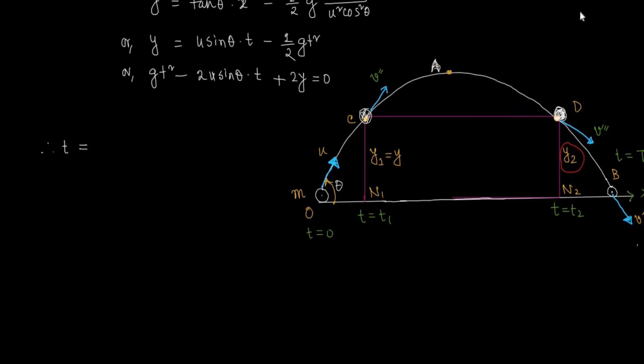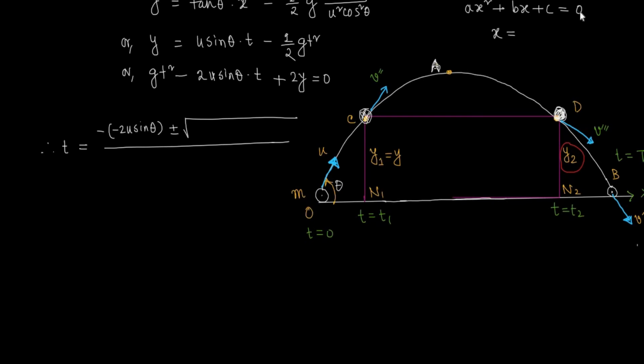Using Sridharacharya's formula, t will be equal to minus of minus 2u sin theta plus or minus... Here we use Sridharacharya's formula: if a x square plus b x plus c is equal to 0, then x equals minus b plus or minus root over b square minus 4ac divided by 2a.